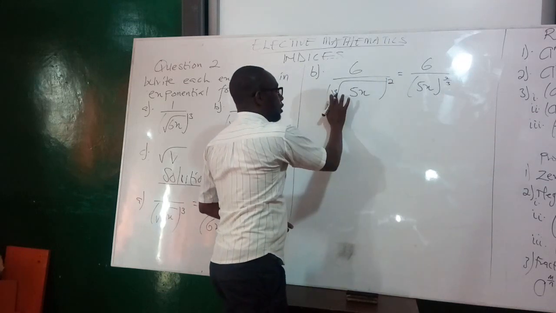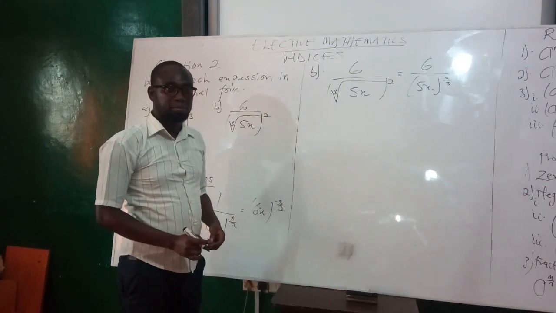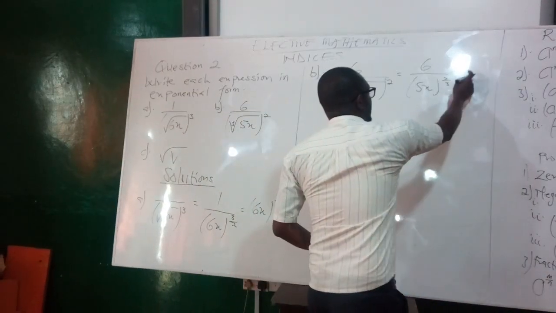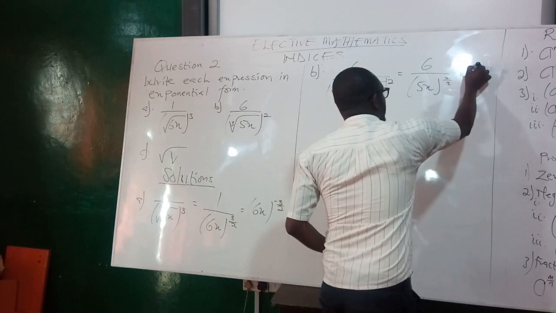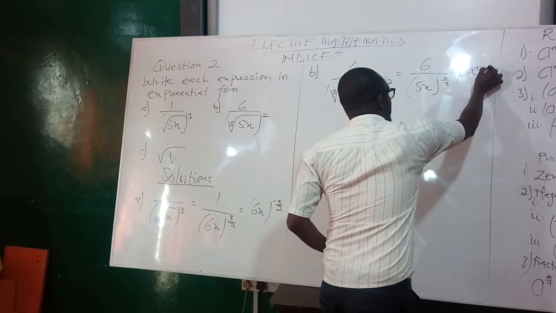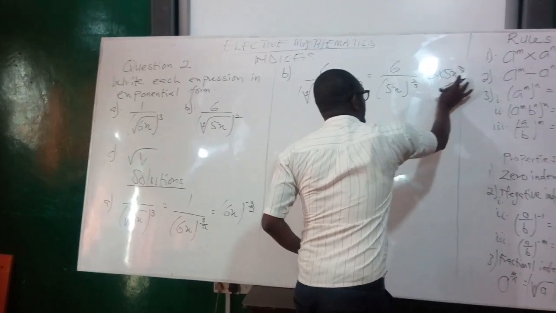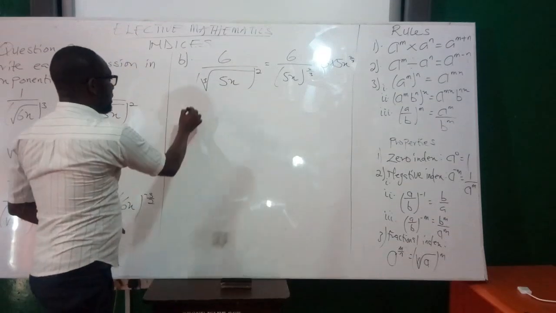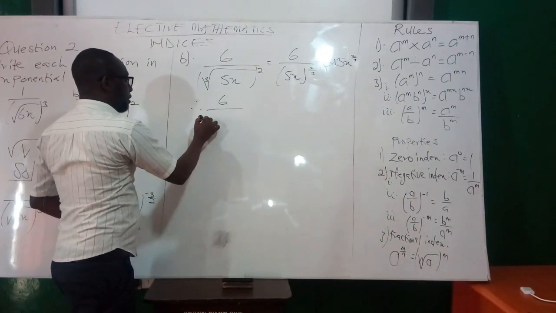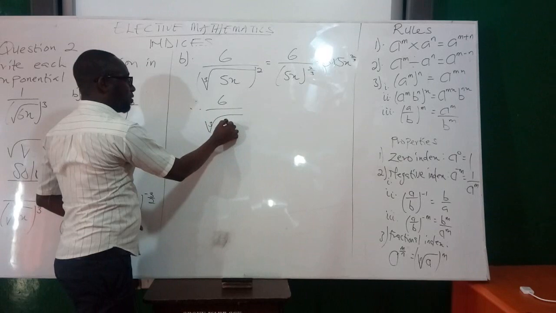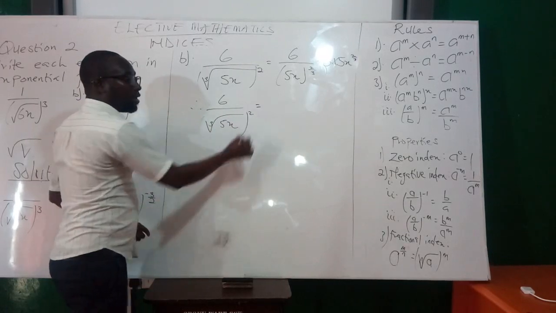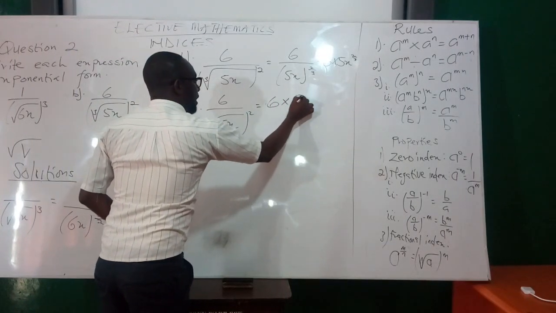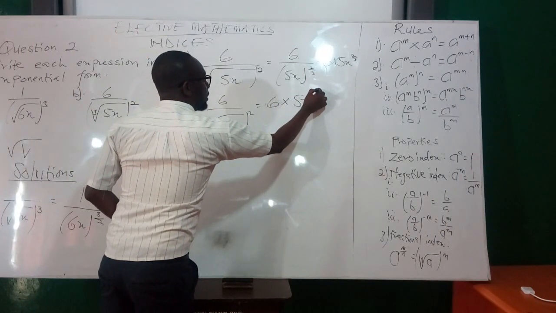Because the exponent is 2, the number here is also 3. Then from negative index, we can send this number here so that we have 6 times, then we have 5x exponent 2 on 3. Let me write my x well. So we have it this way. So you can therefore state that 6 on the cube root of 5x all squared is the same as 6 times 5x exponent negative 2 on 3.